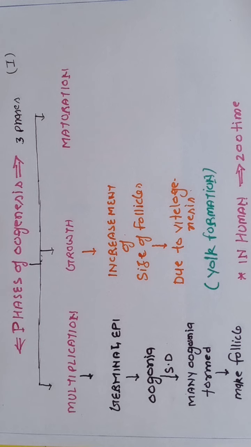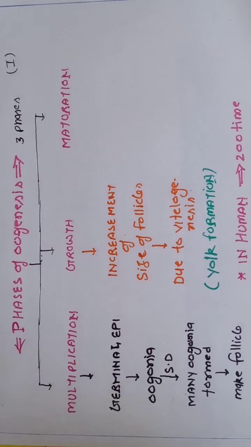Hence it gets converted into primary follicles. The number of primary follicles is in the millions, each with one oocyte whose nucleus is arrested in the diploid state of prophase first, surrounded by one cell thick granulosa.